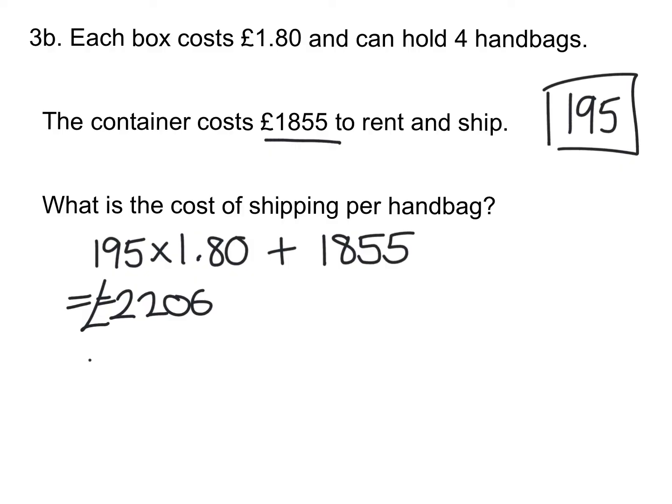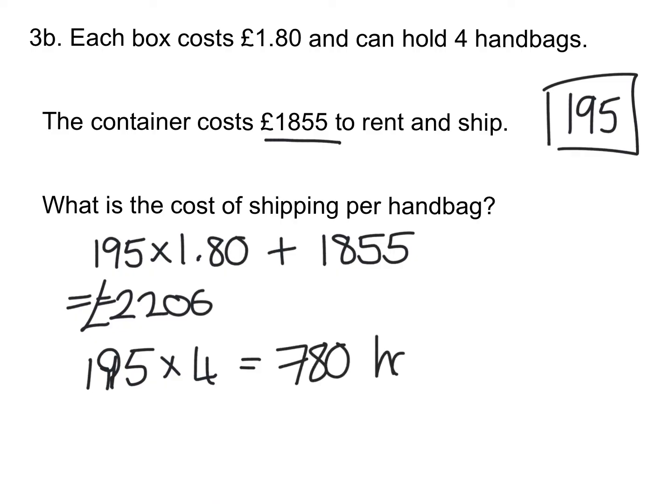Now we know we've got 195 boxes with 4 handbags in each. So I've got 195 times 4, which is 780. So I've got 780 handbags that I'm posting out. We have the cost of shipping, we have the number of handbags.